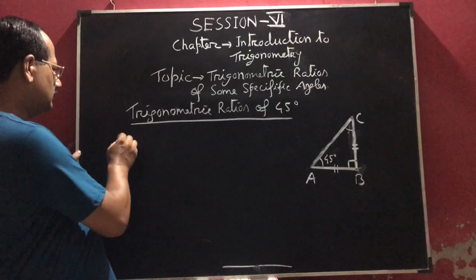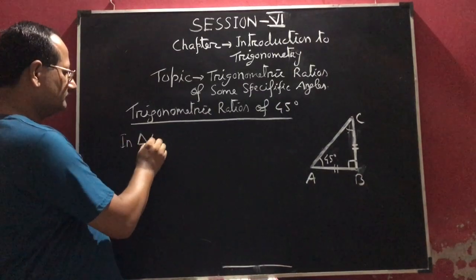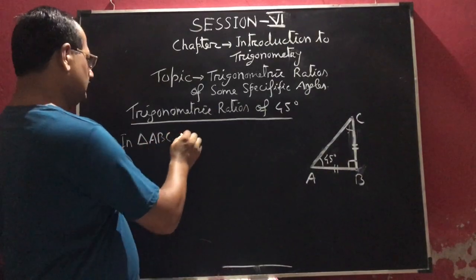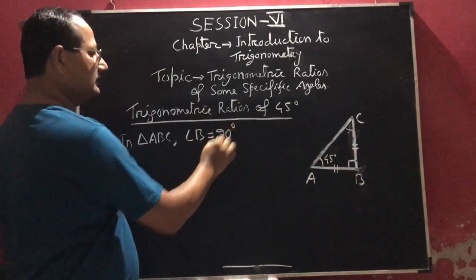Alright. In triangle ABC, angle B equal to 90 degree.